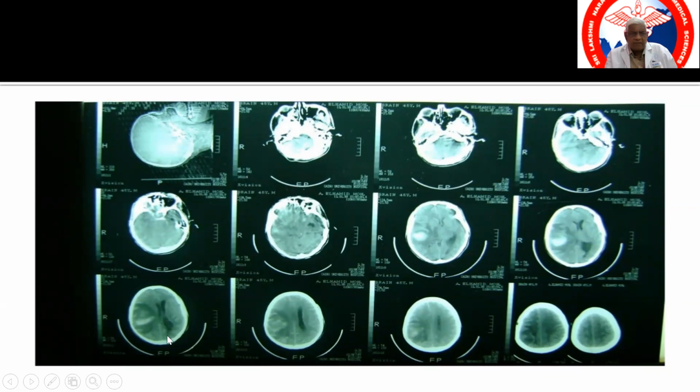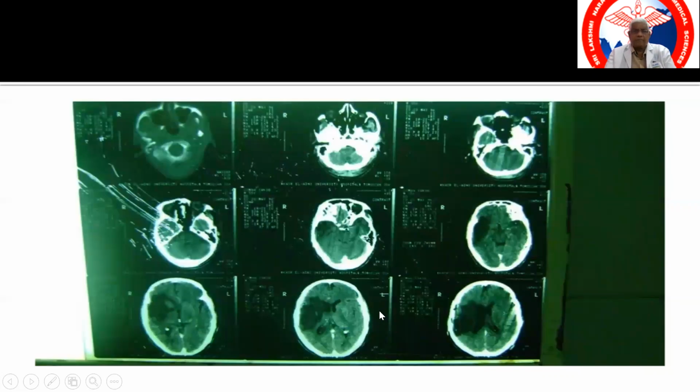That's due to the shift of the midline. Here there is a front view. Very, very huge. It is extending across the midline and going up. This one is small. So these are the serial pictures 1, 2, 3. It slowly enlarges and attains the maximum size. Okay?